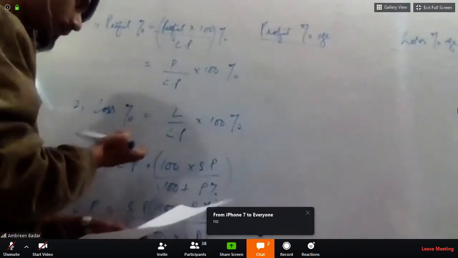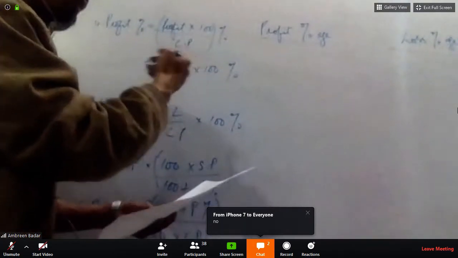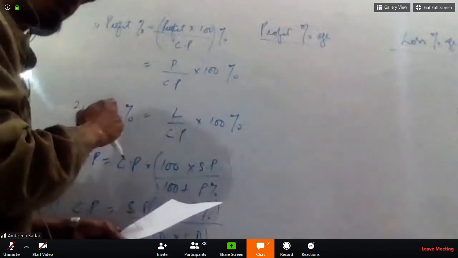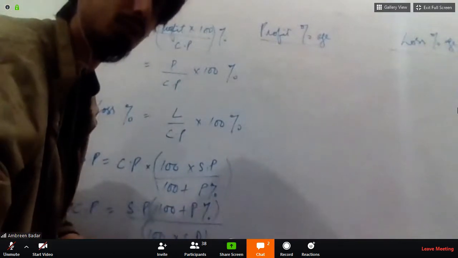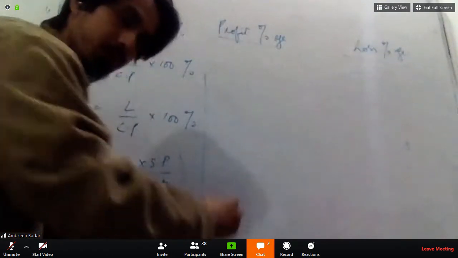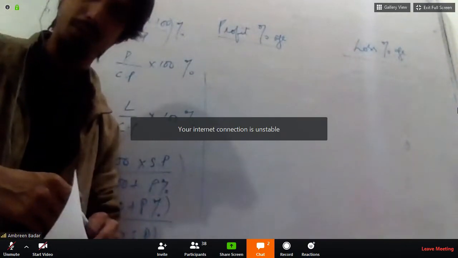And these similar formulas are also for the loss percentage. Keeping these formulas in mind, we will be solving a few examples. Believe me, these are very easy questions. Let me take one example from your book.